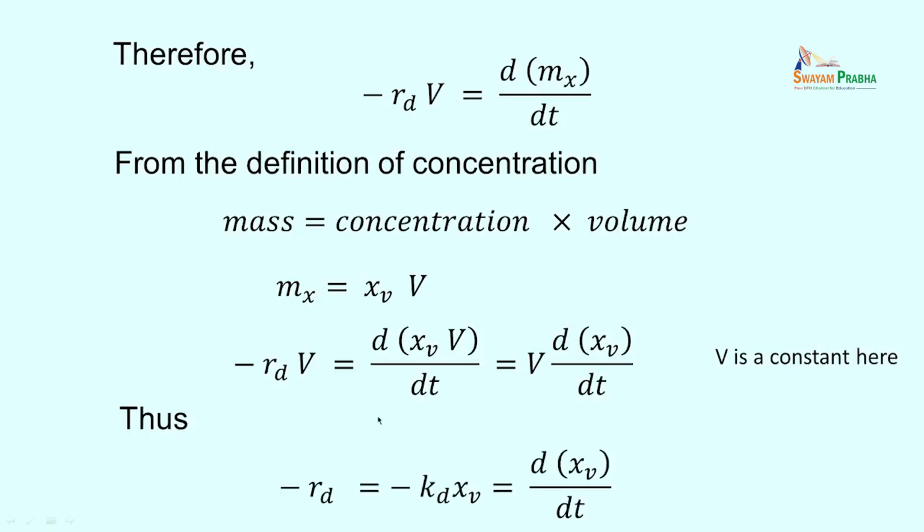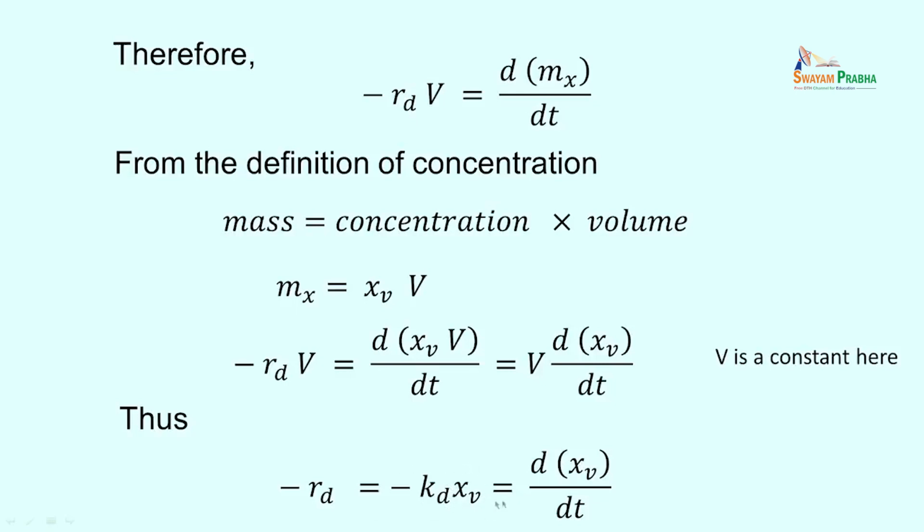Thus, we have a volume here and a volume here, and we can cancel them out, they are the same volumes. Therefore, minus R_D equals minus k_d X_v, which is what we had seen earlier. We had represented R_d as a first order expression, k_d into X_v, the rate of death of cells equals a constant times the viable cell concentration.